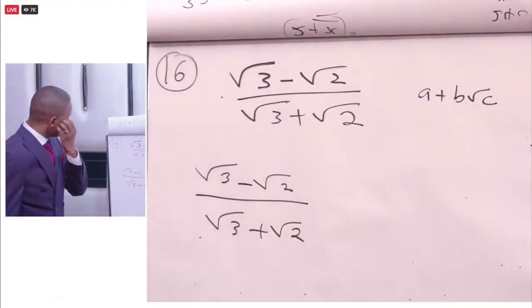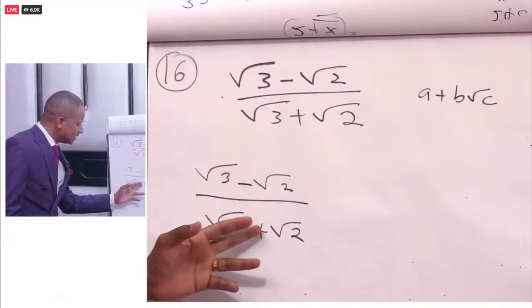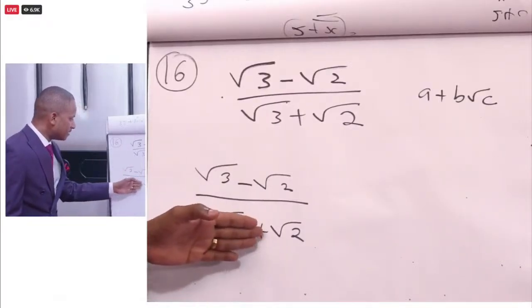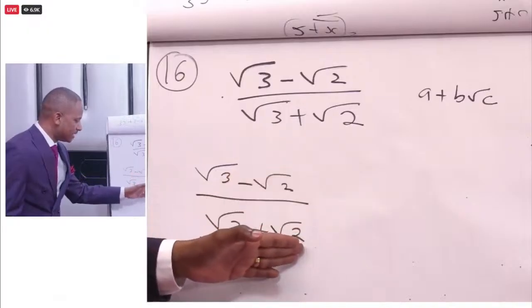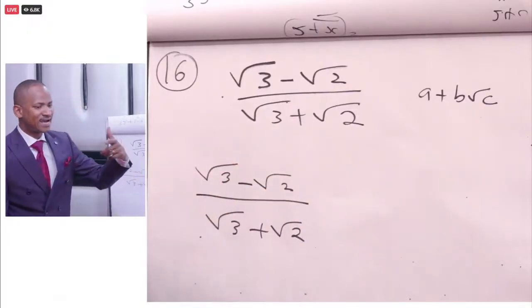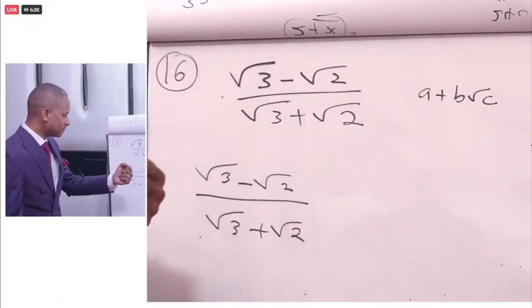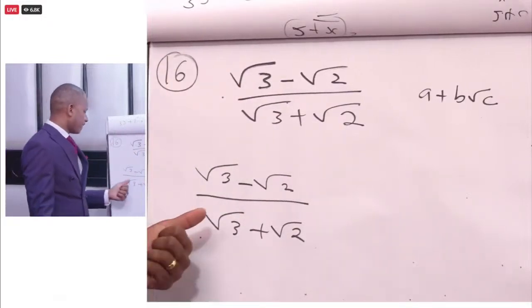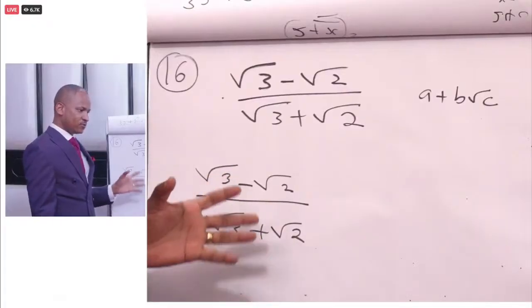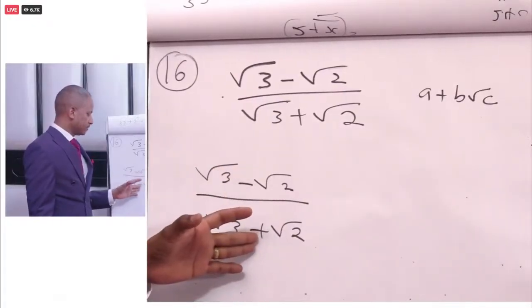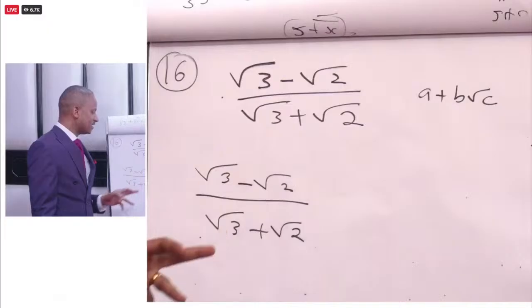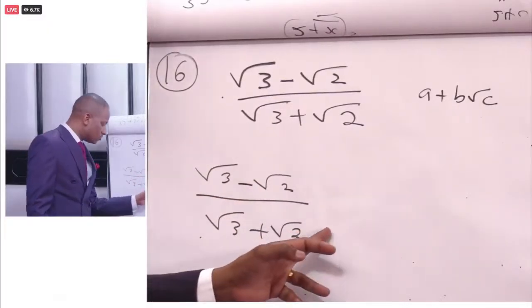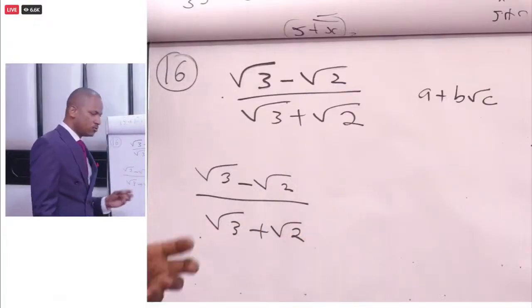Then simplifying by rationalizing the denominator means that you will multiply both the numerator and the denominator by the conjugate surd. Conjugate surd, I will explain. I repeat, when you are rationalizing or simplifying this surd, you will multiply the numerator by the conjugate surd of the denominator, and also the denominator by the conjugate surd of the denominator.